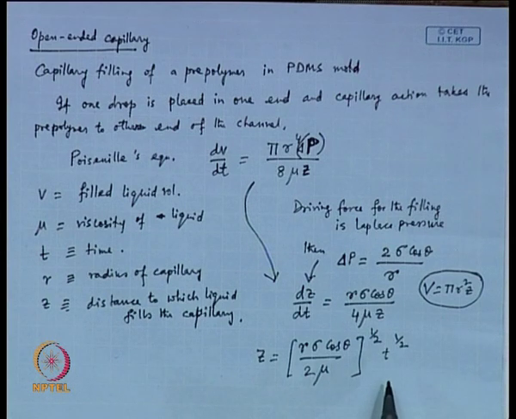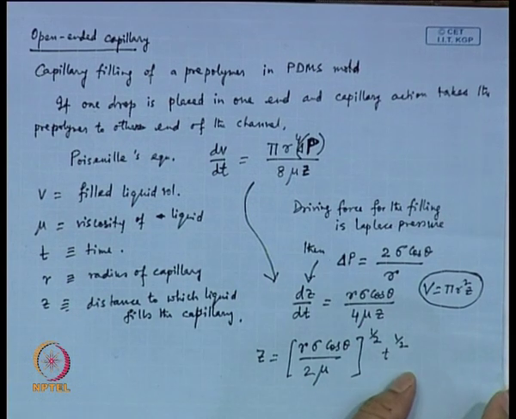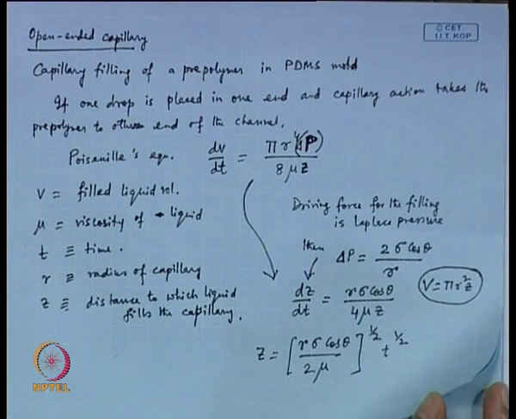So, if one is interested to know how far, at a given time, this pre-polymer will travel inside the PDMS mold, this can be figured out from this equation.